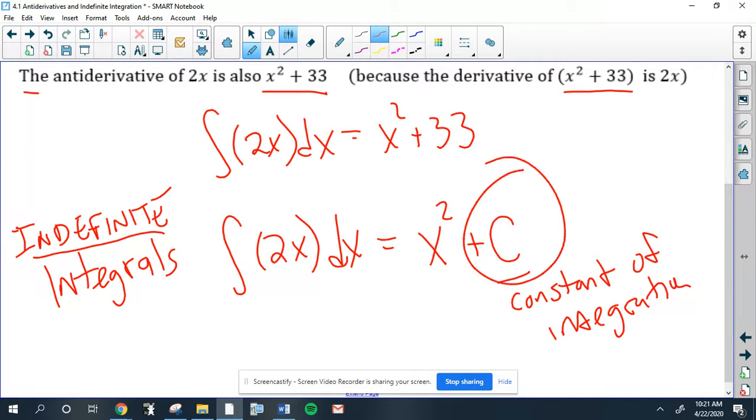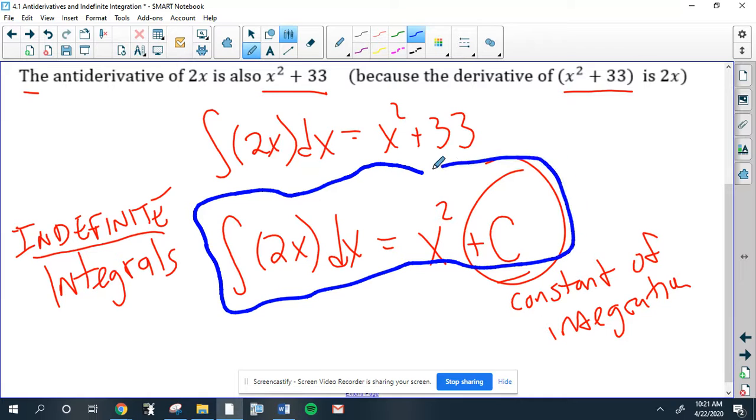You always have that plus c involved. So this is the notation for an antiderivative or an integral. And this whole process is called integration.